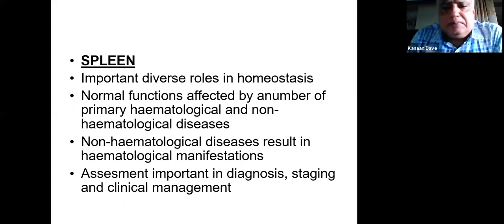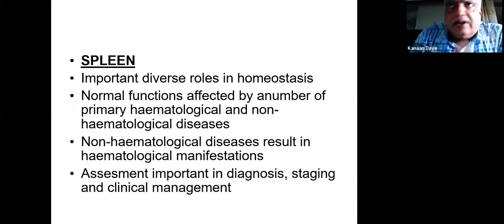Assessment is important because it helps in diagnosis, and in some hematological disorders splenic involvement is an important criterion for staging. Once we have made a diagnosis, we need to find the best protocol for managing these patients.